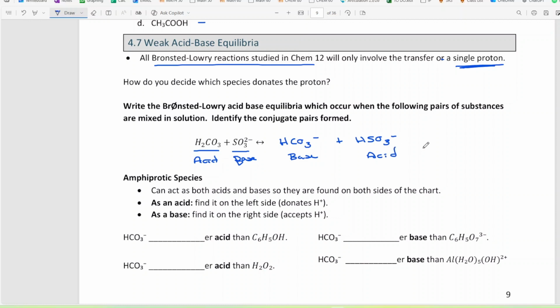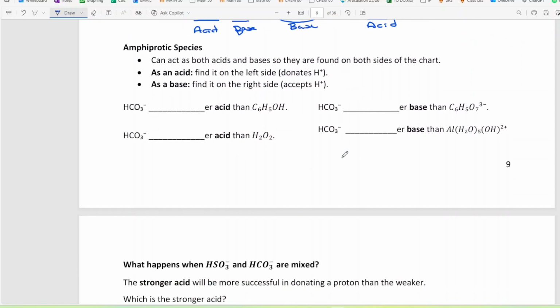Easy. But what if I was going the other way? What if I started with HCO3 minus and HSO3 minus, which are both amphiprotic? How would I know who's going to act as the acid and who's going to act as the base? Well, there's a rule. Amphiprotic species, just to remind you, are species that can act as both acids and bases.